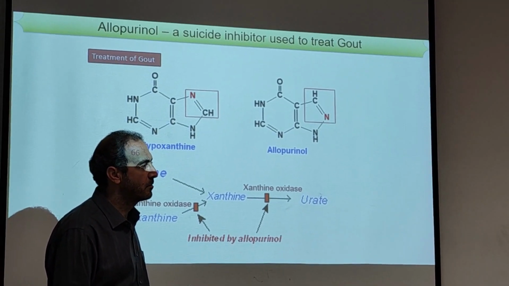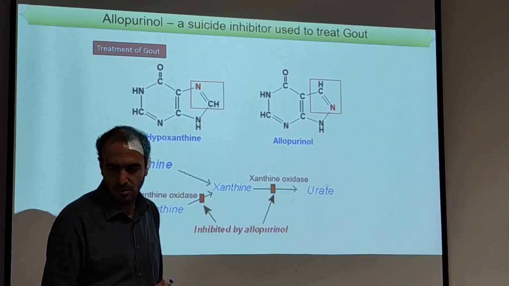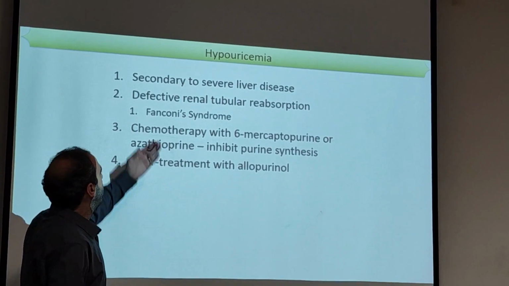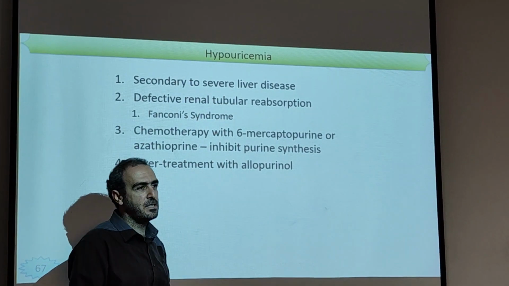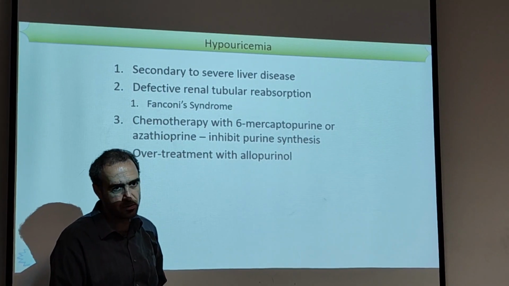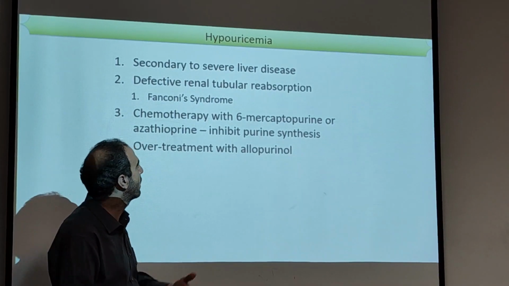And the second can be what? Yes, let's do it. If we have a severe liver disease, we can't produce enough purine, so hypouricemia is high.